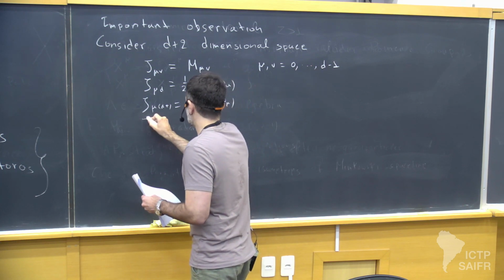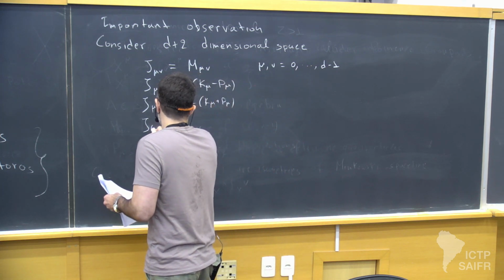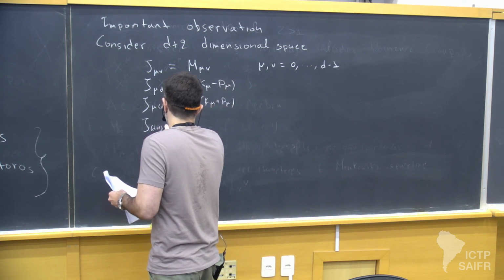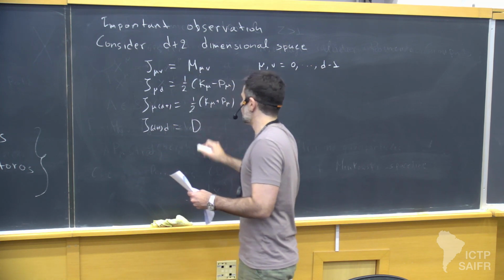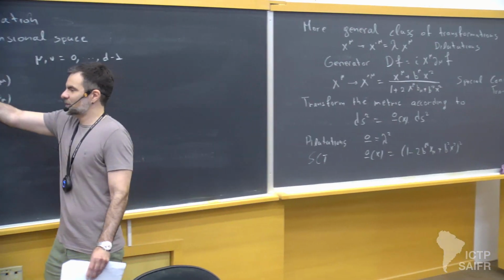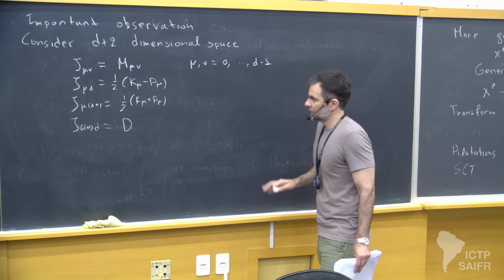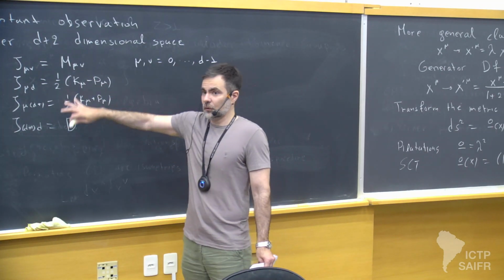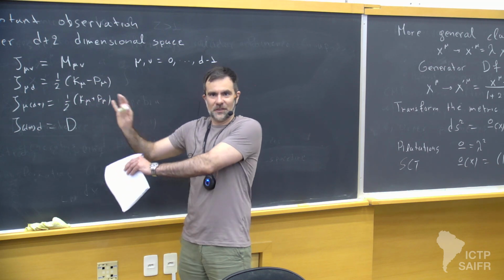And the only thing that I'm missing, if J is an antisymmetric tensor, is the D plus 1, D component, which is equal to the dilatation operator. Okay, so if we agree that this J is an antisymmetric object in its indices, then I have fully specified what this object is.